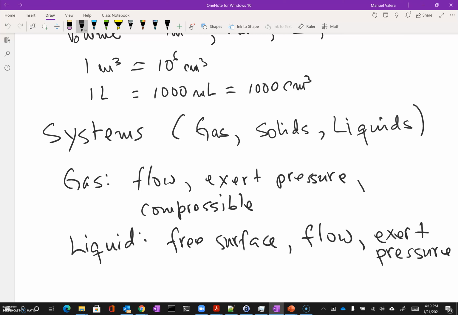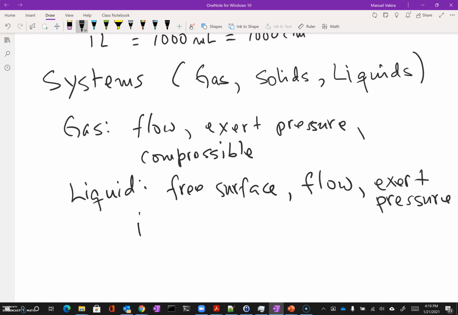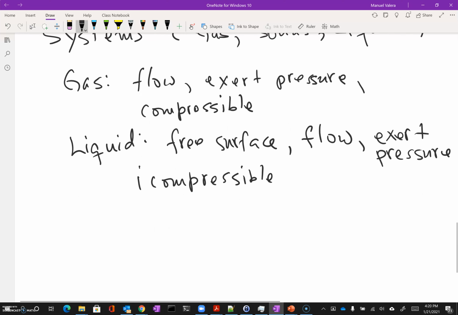Right? So they exert pressure and they are incompressible. In general, they are not really incompressible, but it's really hard to change the volume. So for all practical purposes, we're going to consider that liquids are incompressible.